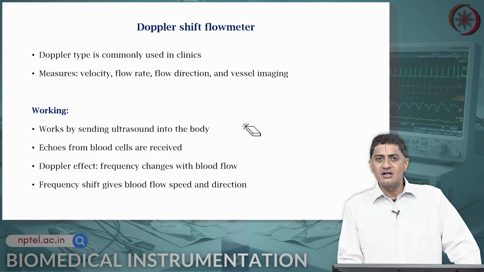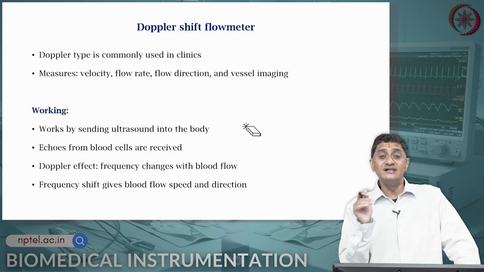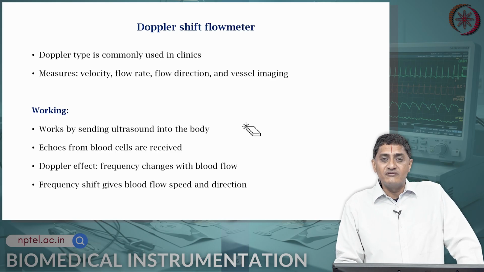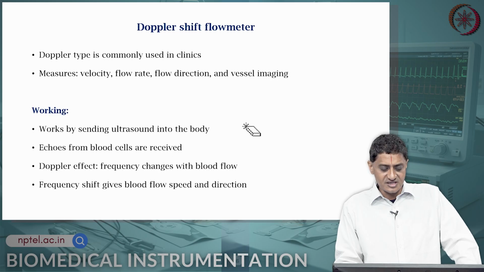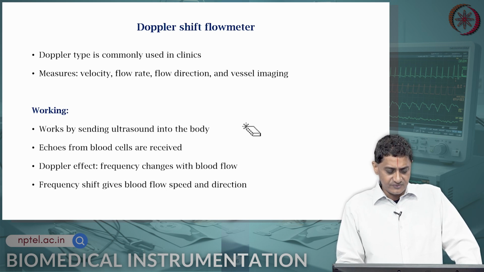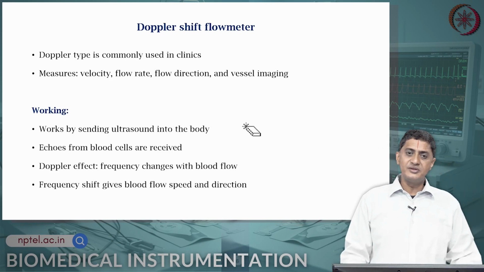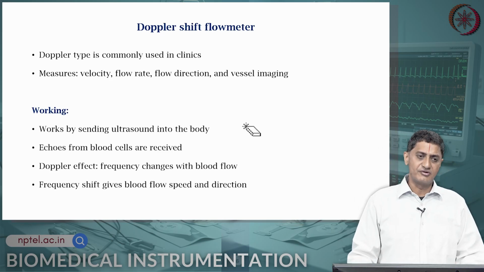Because we are the ones who sent the ultrasound, when the received signal's frequency is measured, the change in frequency with blood flow is critical. This shift in frequency essentially gives the speed and direction of blood flow.